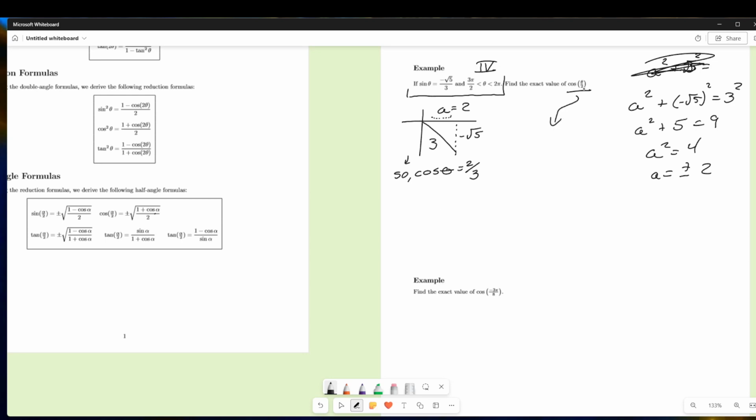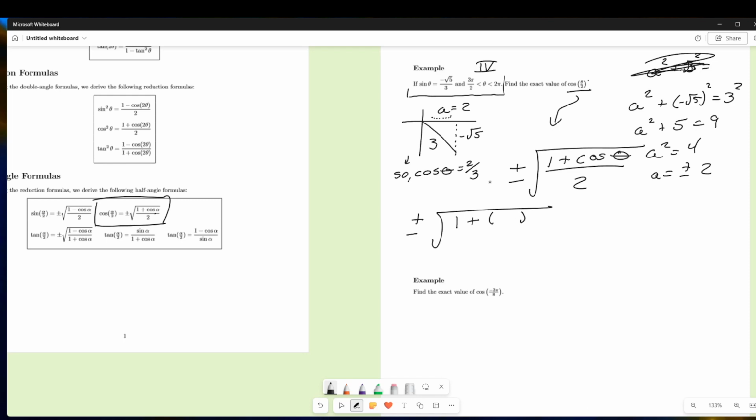But since the cosine of theta over 2 is either plus or minus, we'll talk about that in a second, the square root of 1 plus the cosine of the angle on top, that alpha is that theta, over 2, so it's either plus or minus the square root of 1 plus the cosine of theta, which we've already said is 2/3, over 2, and we need to simplify that. We'll do that in a second.